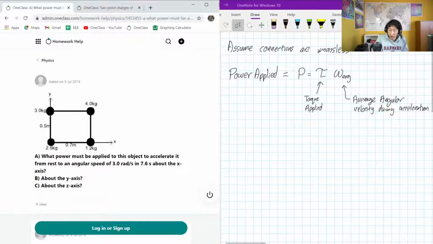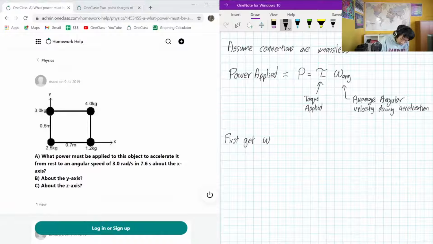But the torque is going to be different because torque is dependent on moments of inertia. But we'll get there soon.